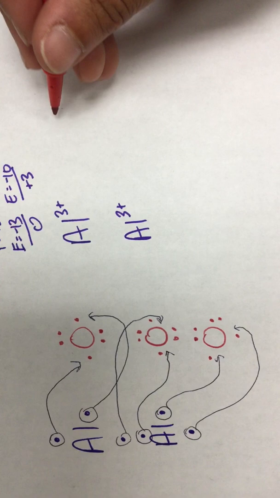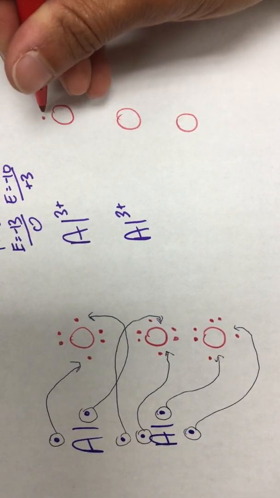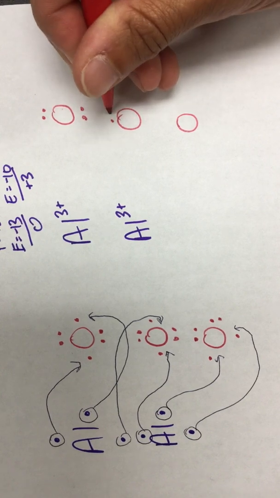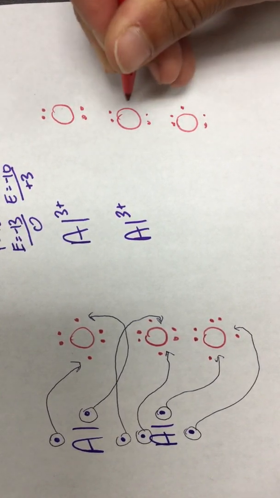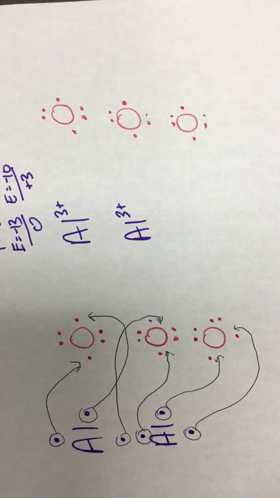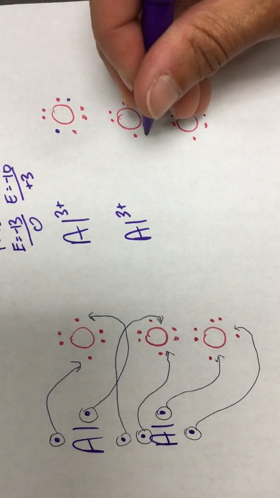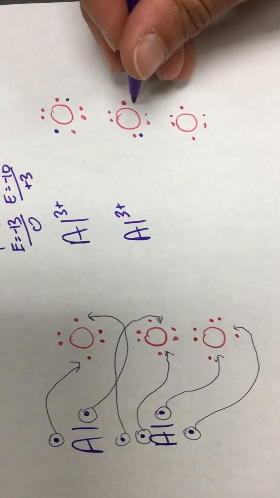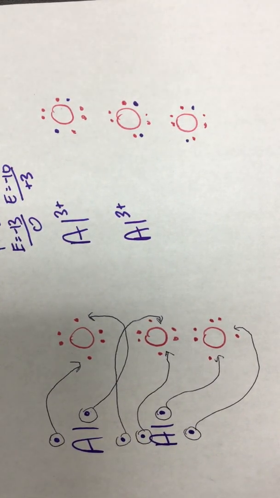For oxygen, our oxygens have taken those electrons and they've been able to fill up their valence shells with them. I'm just going to draw in my electrons here for my oxygen, so my original electrons, and here's 2 from the first aluminum, another one from the first aluminum, 1 from the second aluminum, and then another 2 from the second aluminum.